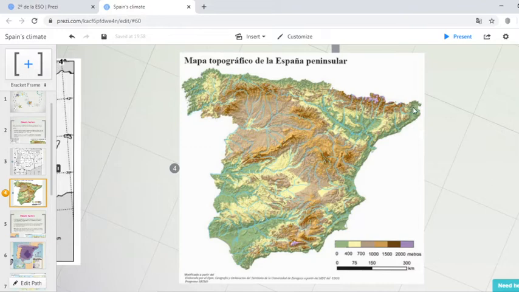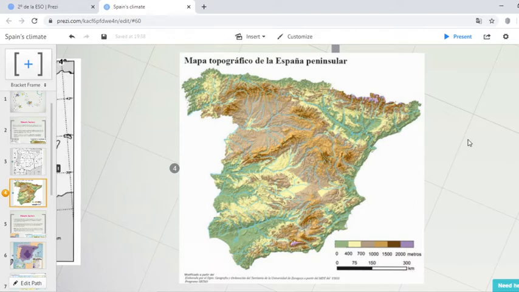As you can see here, the Cantabric mountain chain and the Pyrenees, as well as the Vedic system, are mountain chains that limit the influence coming from the Mediterranean and the Atlantic Sea. So temperature variation will be higher here because of the effect of those mountain chains.